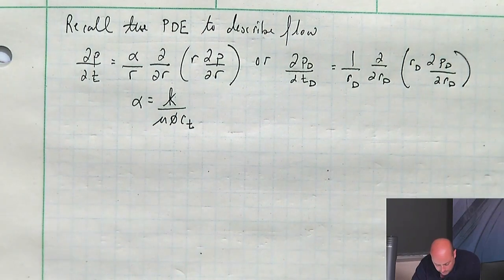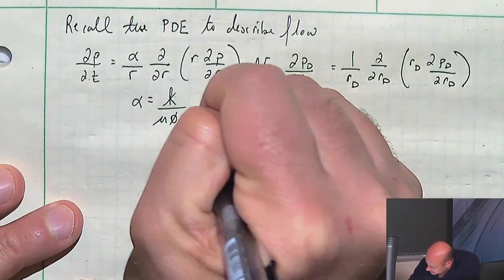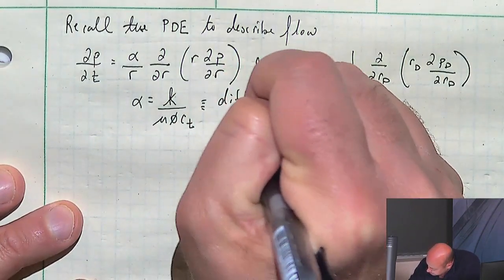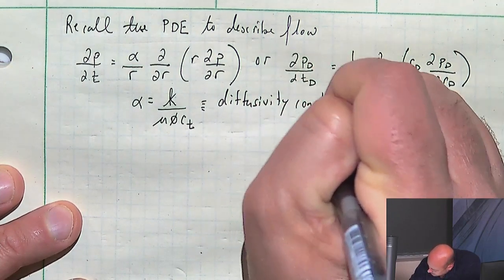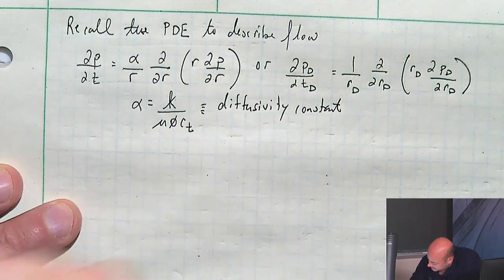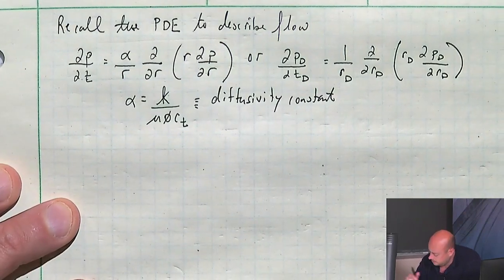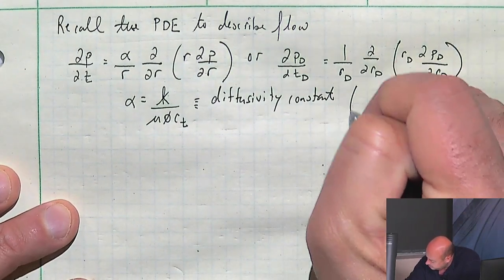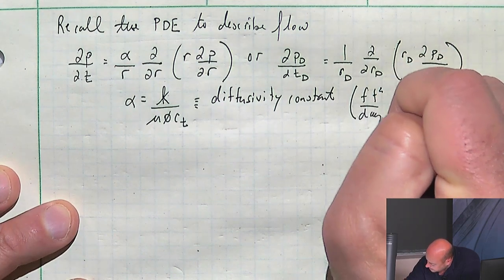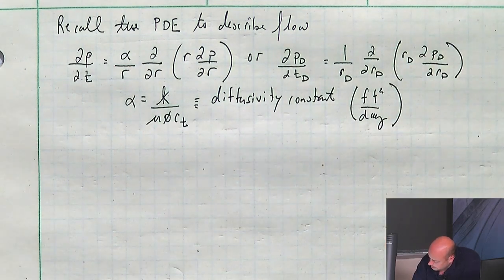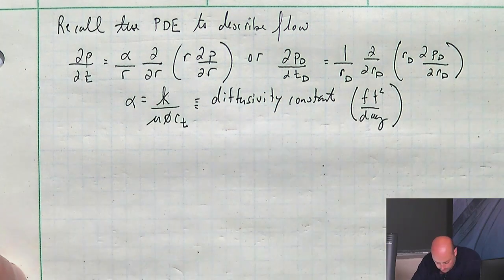Okay, alpha is called the diffusivity constant. It's the permeability divided by the viscosity, porosity times the total compressibility, and that has units of like feet squared per day, length squared per time. Okay. So this is the dimensionless form.